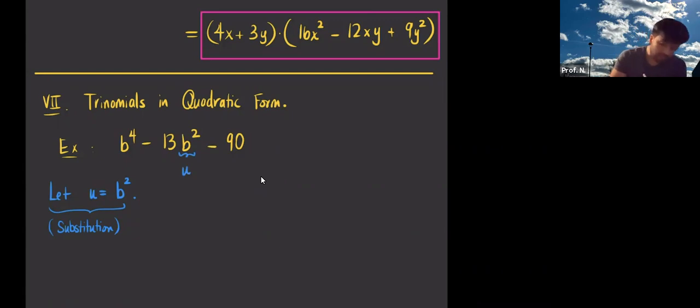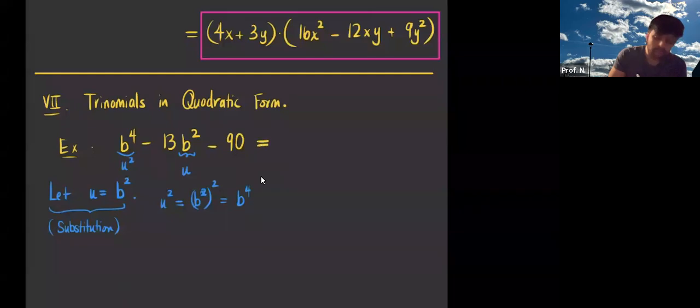But what happens when I square u? u squared means I have to square b squared, because that's what u is. When I square it, don't I get b to the fourth? So b to the fourth actually is u squared. Now look what I get when I do such a substitution. I get something as a quadratic, don't I?